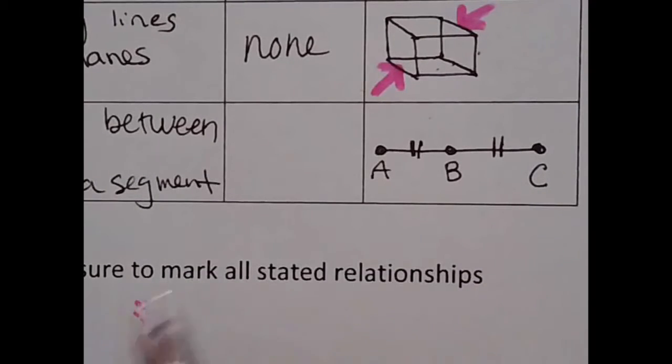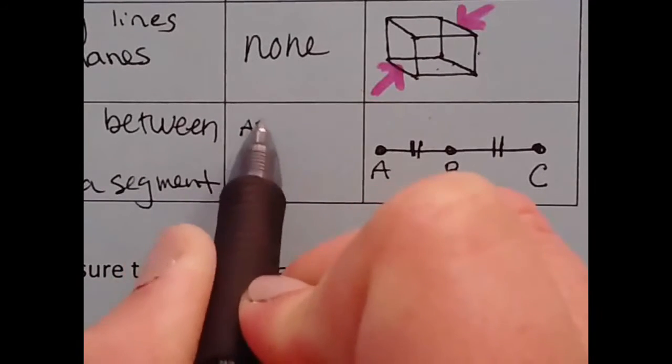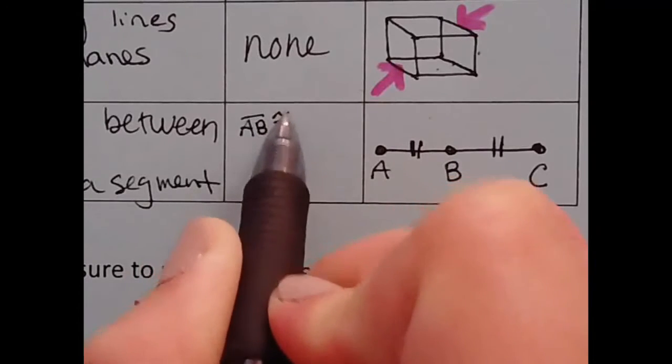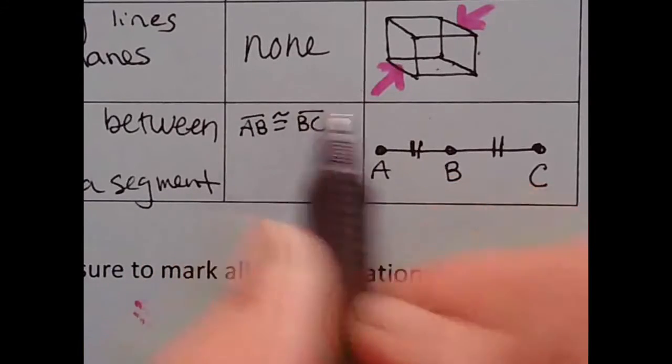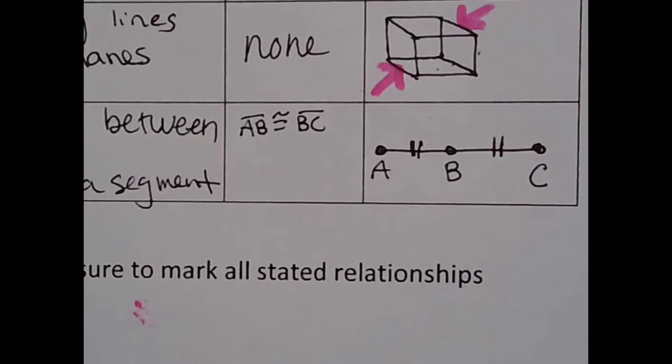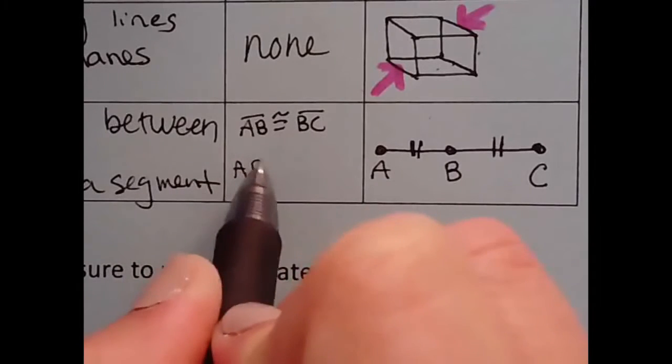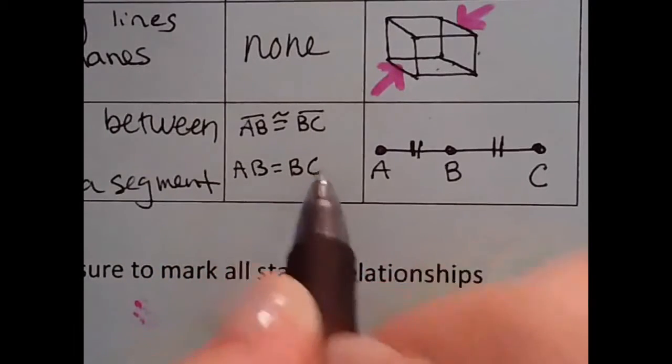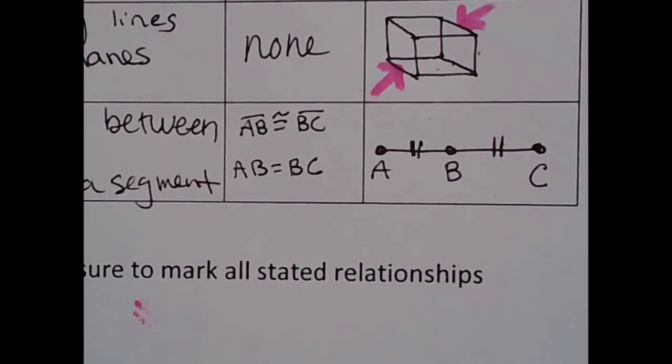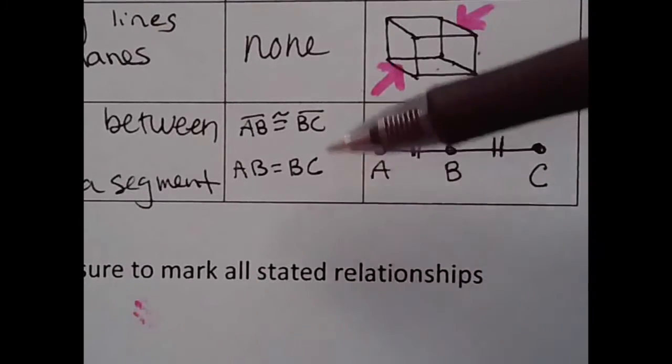Notice I'm putting the bar over the top. Something else I could write is AB is equal to BC. When I use the equal sign, I do not need the bar over the top of it. If I'm saying that this is a specific length, it's not a line. I'm talking about a portion of a line, so a segment.